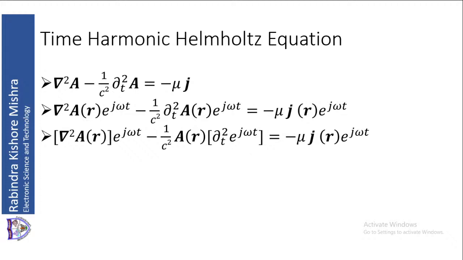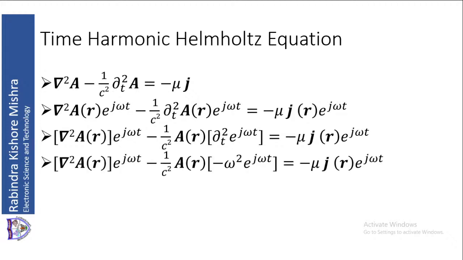So take them out, then dou square t operating on exponential j omega t. Taking the second derivative of exponential j omega t will give us minus omega square exponential j omega t.